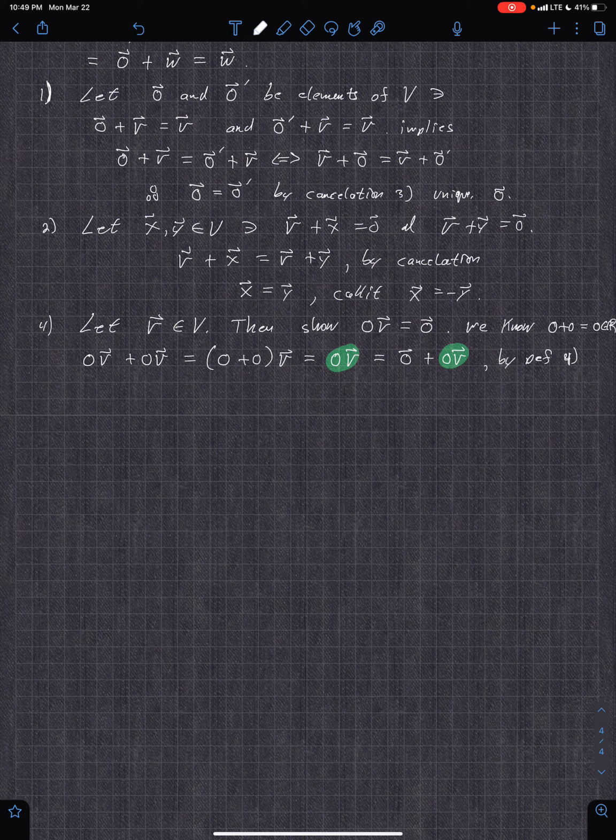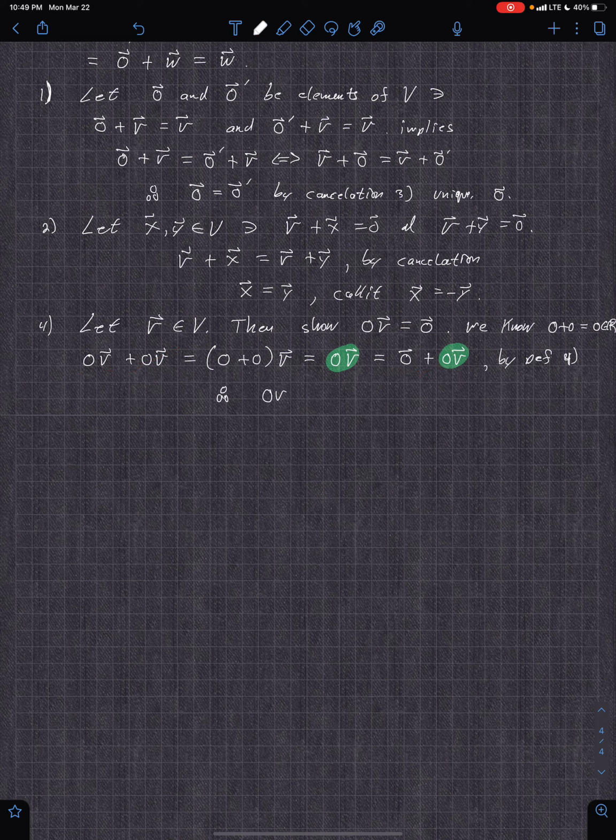Well, what does that give us by cancellation? Check out, I got this is equal to this. So these are the same. Let me show you again. These are the same, so by cancellation, that has to be the 0 vector.